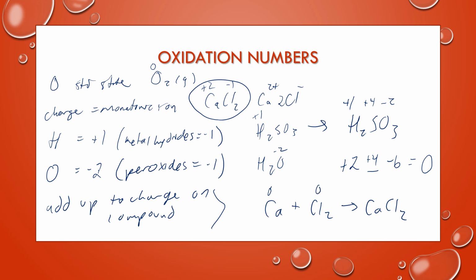And then in the compound here, we found out their oxidation states are +2 and -1. Since the calcium's oxidation number is going up, it was oxidized. The chlorine was going from 0 down to -1, so it was reduced. And I find that one is a little easier to remember.